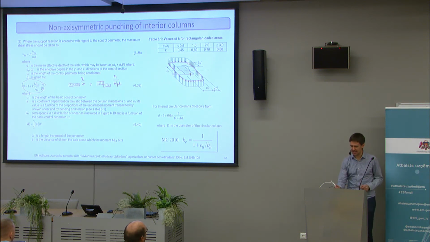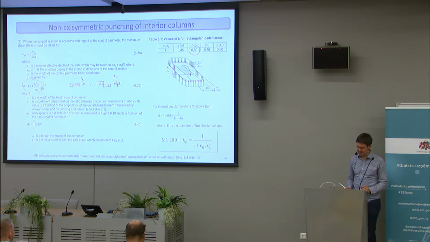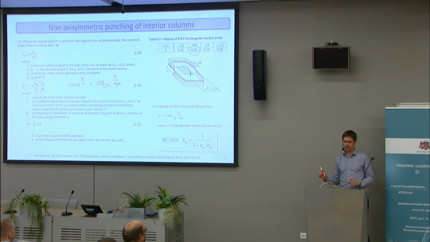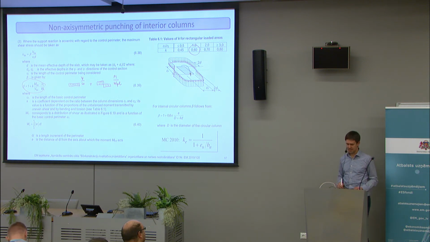Like in steel structures, we call it the plastic resisting moment, or the perfectly redistributed moment. And then we have a factor that is basically the portion of the unbalanced moment that is resisted by shear, and the rest is then taken by torsion and bending.